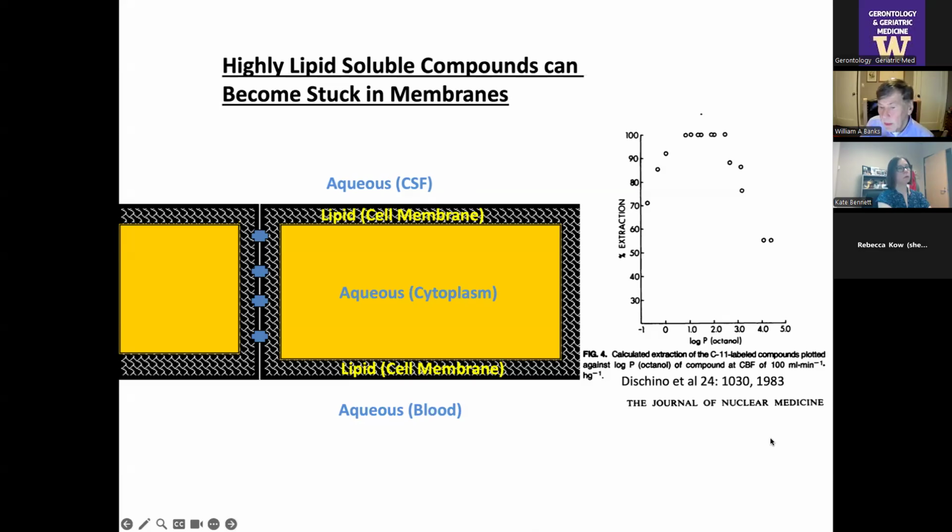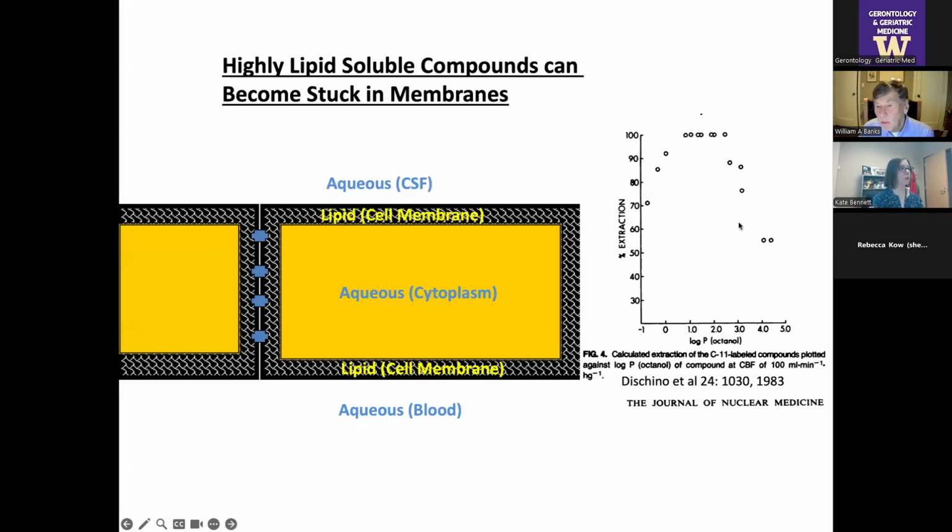And here's the paper by Stachino. Here he's used octanol as the oil, and this is log P. So 1 is, of course, 10, and 0 is 1, which would mean that you distribute equally into the lipid and into the aqueous phase. And you see that somewhere between 1 and 10, you sort of peak out, the maximum extraction you can get.